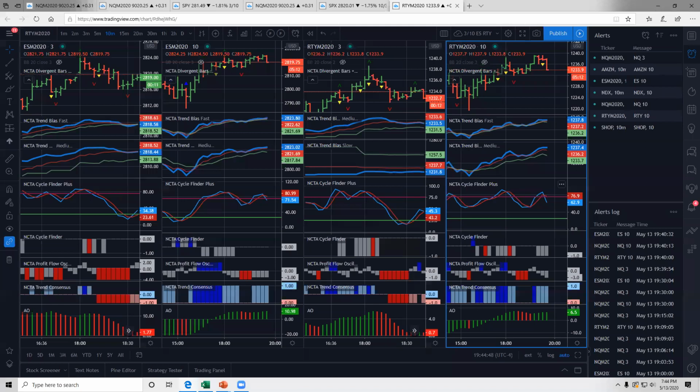So if you want to be alerted only when a valid divergent bar prints, then you want to put the alert setting to once per bar close.